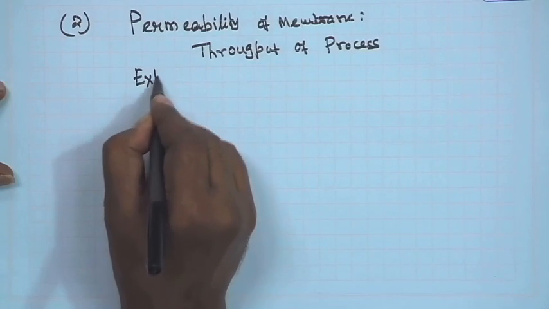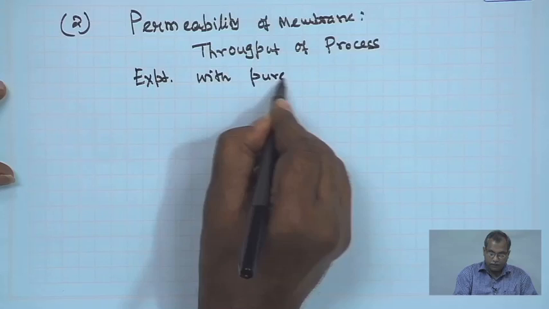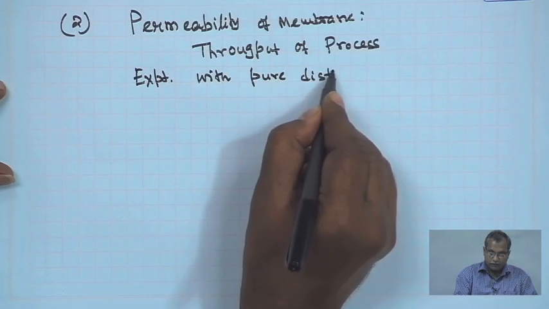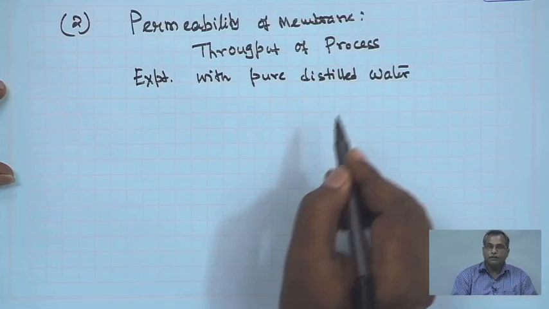Permeability of the membrane is measured in a very straightforward and simple way, by conducting a simple experiment. We conduct a very small laboratory experiment using the membrane and pure distilled water or deionized water. Why?